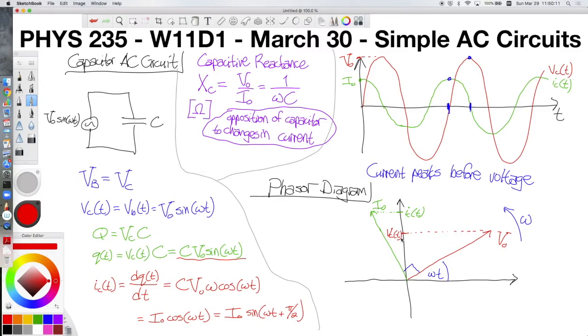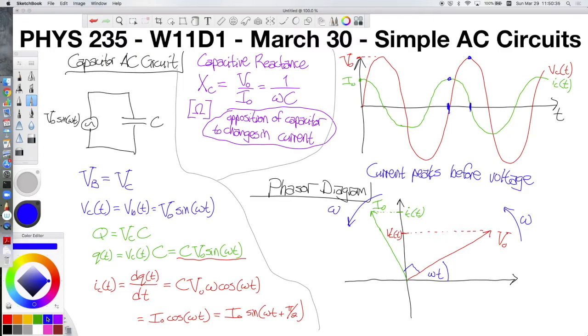So when you get to this point, looking at this phasor diagram, remember that both of these vectors are rotating at a speed of omega. So they will maintain that angle of 90 degrees between them and continue to rotate around. As they rotate around, you'll see that the current will cross this y-axis first, followed by the voltage.